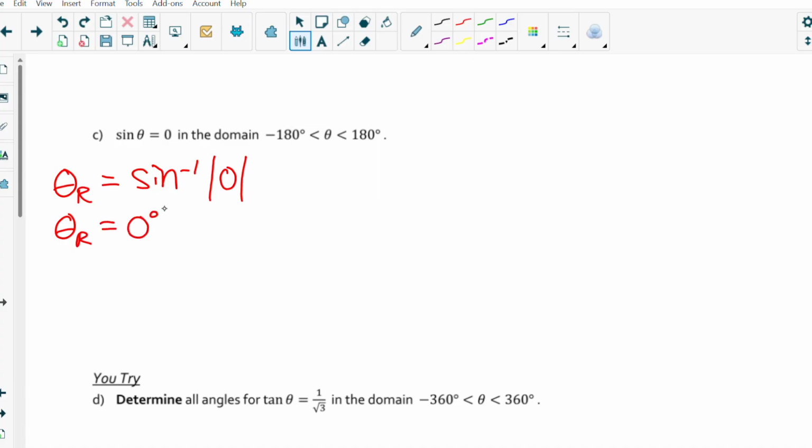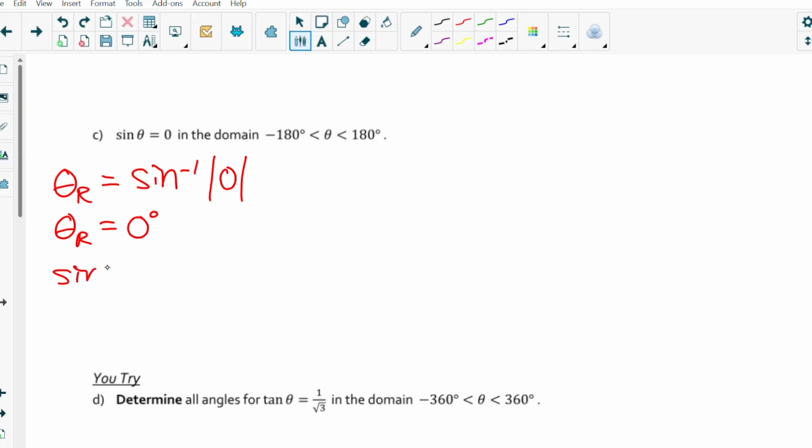Reference angle is 0 degrees, so where is sine equal to 0? Well, at 0 degrees within this domain, right? So positive 180, negative 180. Okay, notice it says it's not equal to 180 itself, so it's just 0. Sorry, the reference angle is 0.